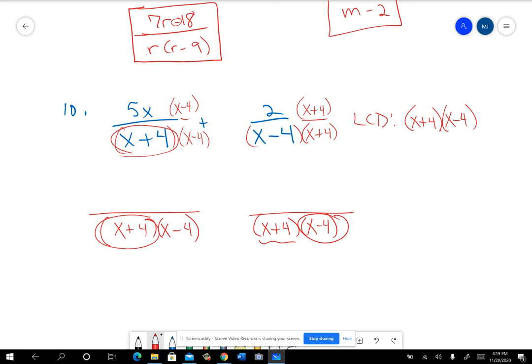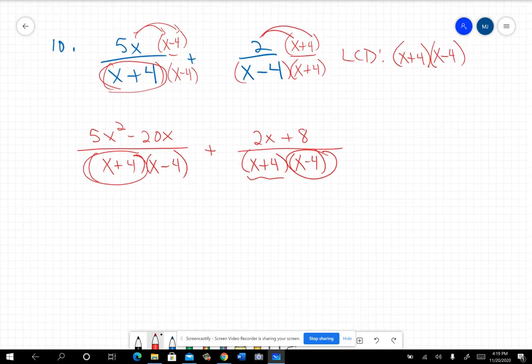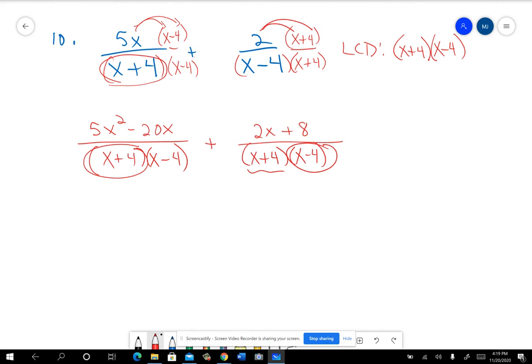Then I think it works well to go ahead and distribute. That would be 5x squared minus 20x. There's a plus sign here. Then this is 2x plus 8. I have a common denominator, so I'm ready to just add or subtract the numerators.